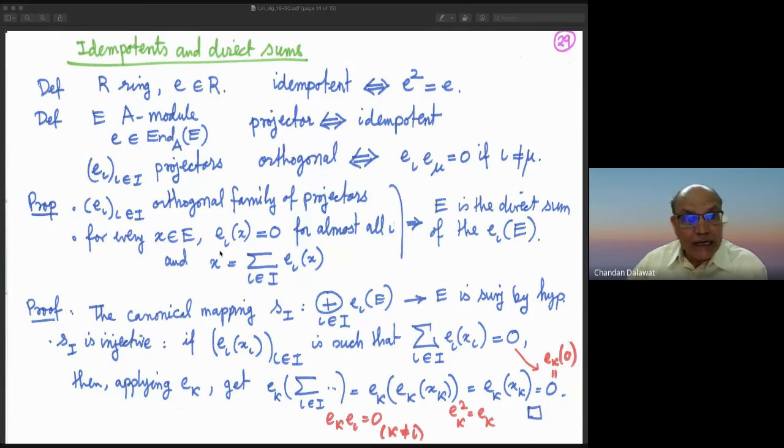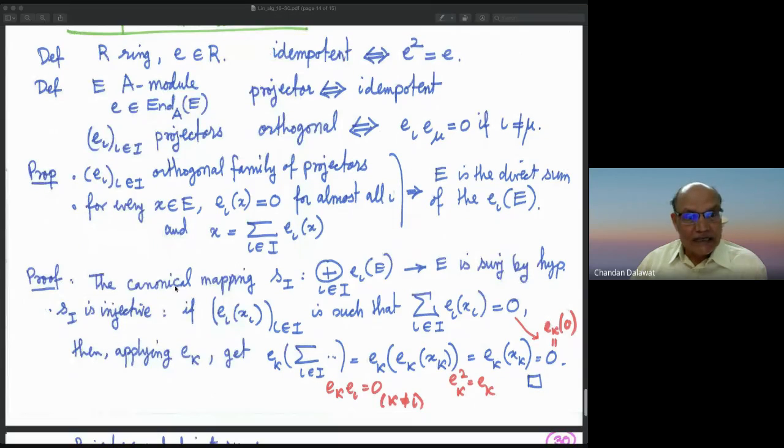These E iotas are, after all, endomorphisms of some A module E. I look at the images, and if the whole module E is simply the internal sum of the images of these projectors, then it's actually a direct sum. If it is an internal sum, and if the projectors are orthogonal to each other, then the sum is direct. That is what this proposition is saying.